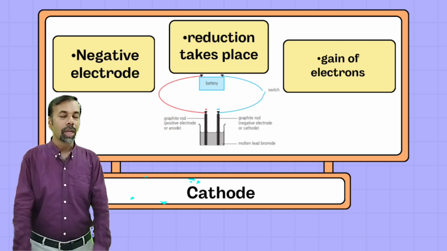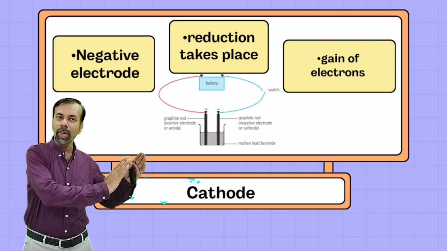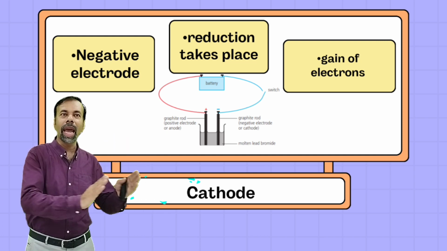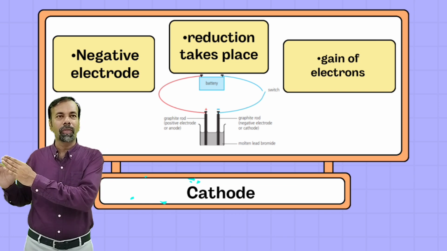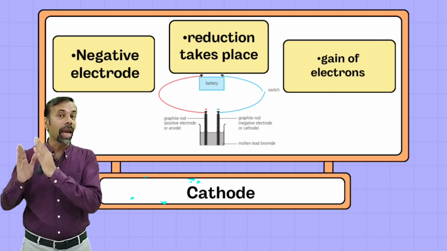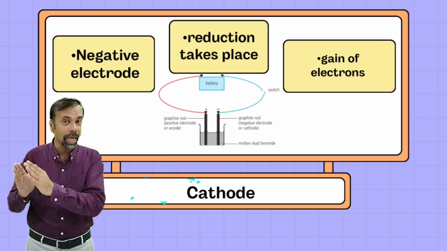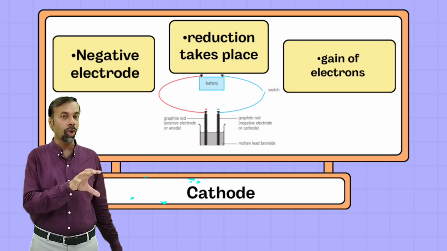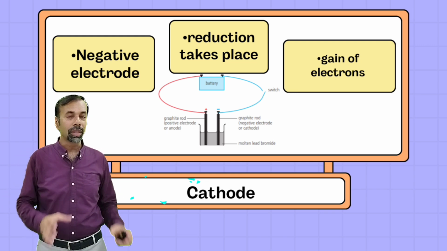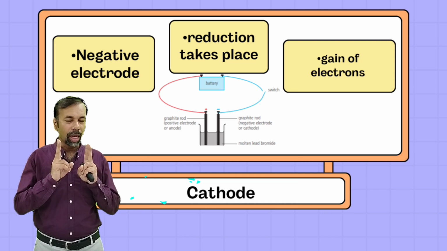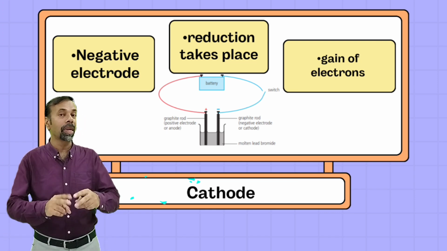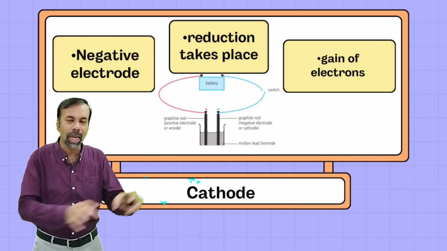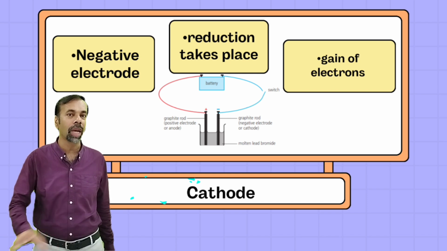They are reduced. So the positive surface, the anode, is where oxidation and loss of electrons take place, and the negative surface, called the cathode, is where reduction takes place. The solution in the beaker is the electrolyte, and its ions are traveling. So two things you must remember: electrons travel through the wires and ions travel through the solution, through the electrolyte.